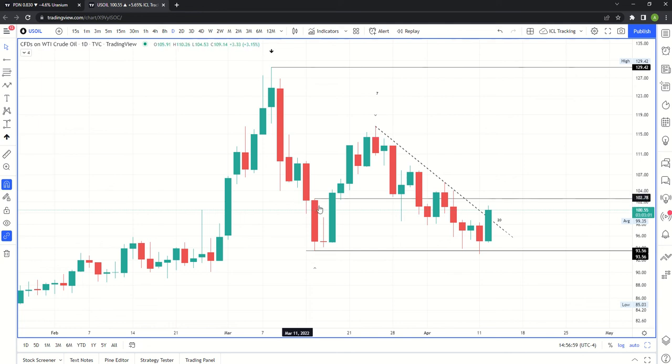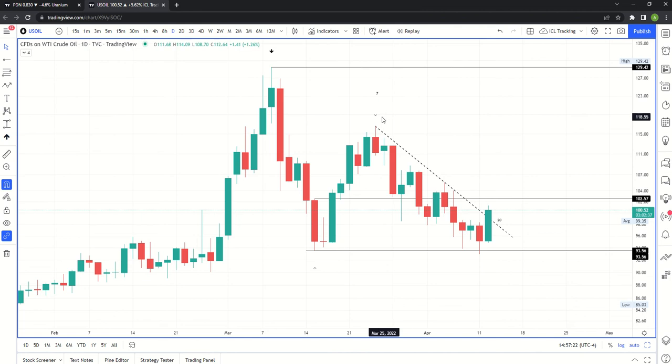So this forms your swing low once you pass this, and this is your indication that this is potentially a daily cycle low. We then rallied for 7 days. That's what this 7 means. Technically this isn't a rally day, this was an inside day, so we didn't make a new low or a new high. So this was day 1, day 2, day 3, day 4, day 5, day 6, day 7.